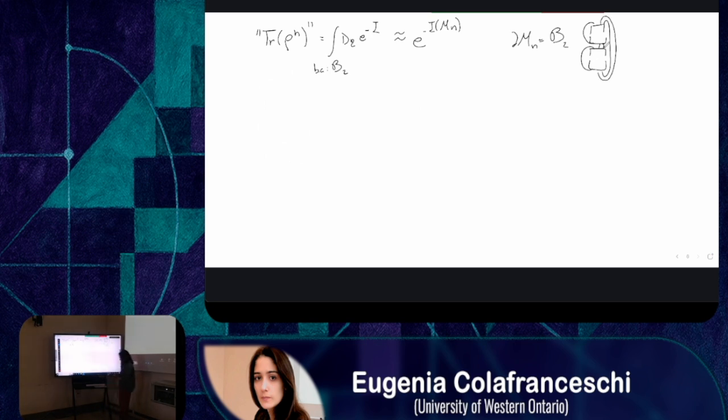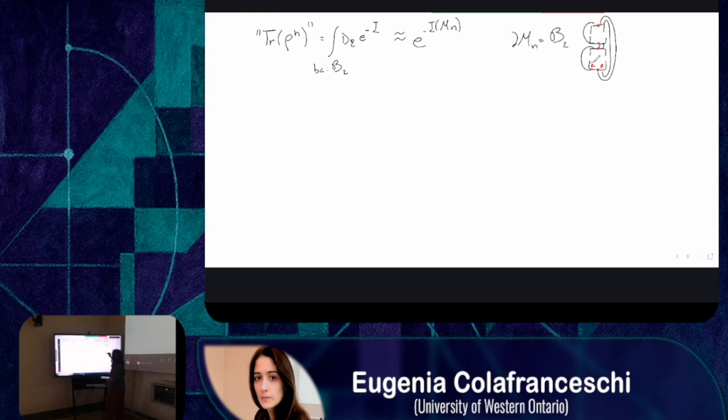Now this boundary manifold, we said, has a conical singularity on the splitting surface between the region R, of which we want to compute the entropy, and the complement.